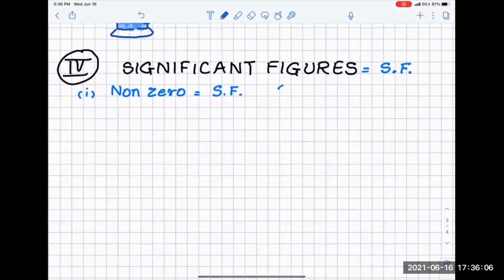So for example, you have 2, 4, 3, 9. All of them non-zero, and this number will have how many significant figures? How many? 4. Good. So there are 4 significant figures. That means when you are doing the measurements or counting or calculating, you are working with 4 important numbers.